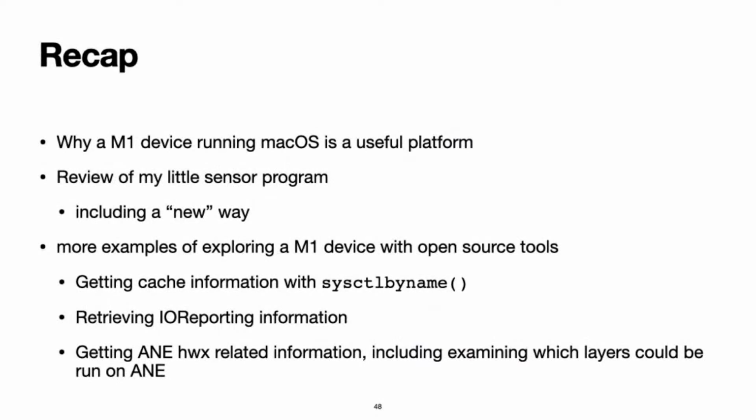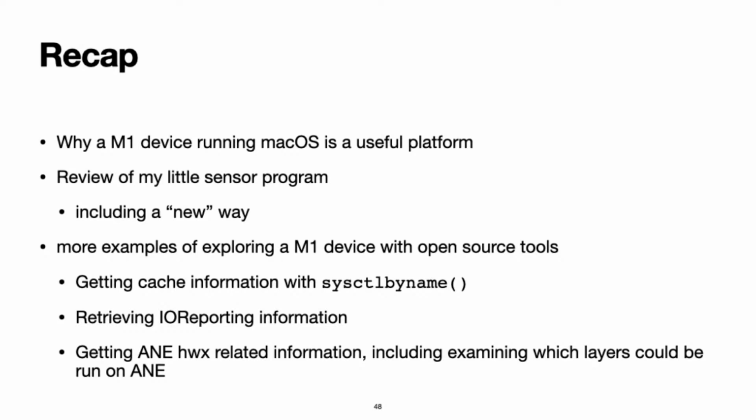Recap. We introduced why an M1 device running macOS is a useful platform. Then we gave 3 examples of exploring an M1 device with open source tools. The first is to get cache information with sysctlbyname.